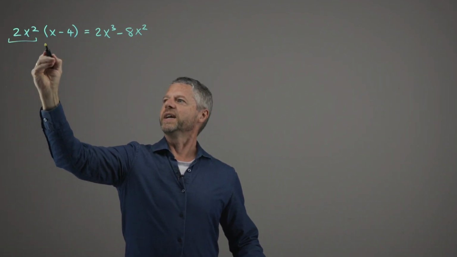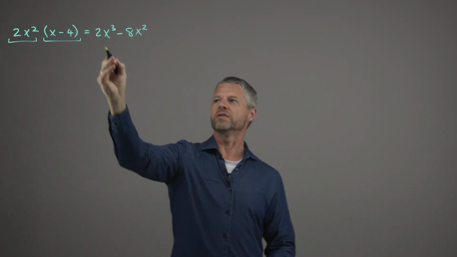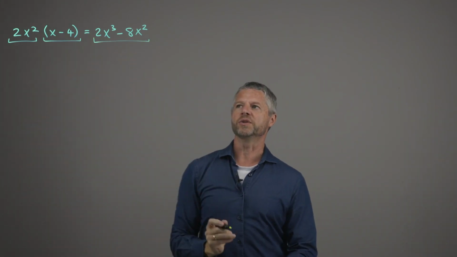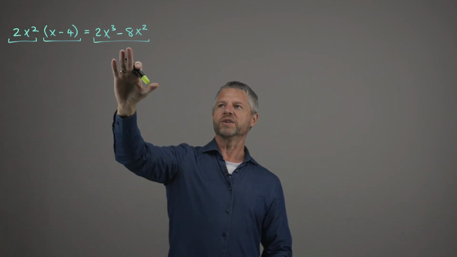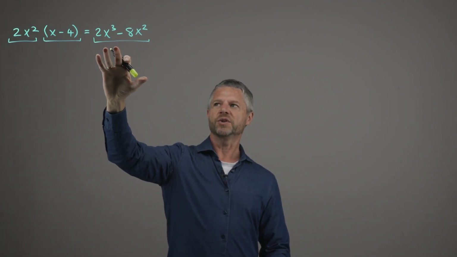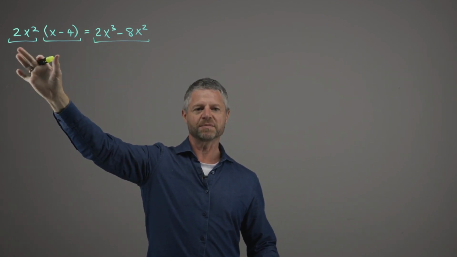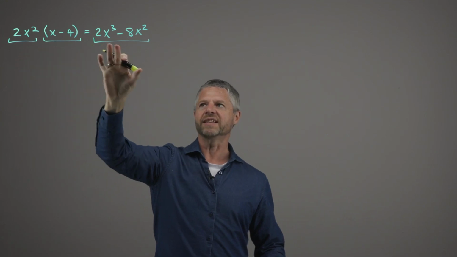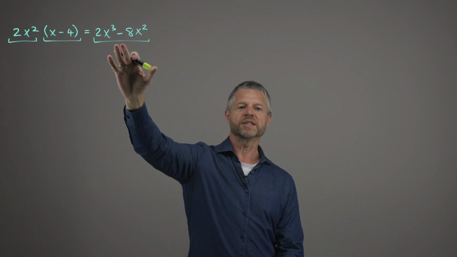The 2x squared and the x minus 4 are called factors of 2x cubed minus 8x squared. If we go from 2x cubed minus 8x squared back to the two factors that multiply together to create this polynomial, that process is called factoring this polynomial.